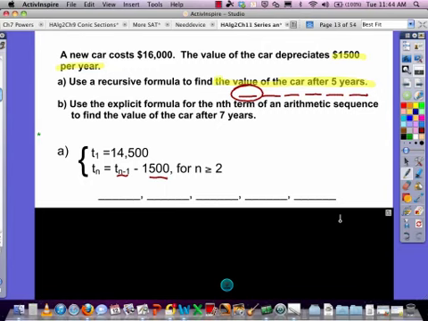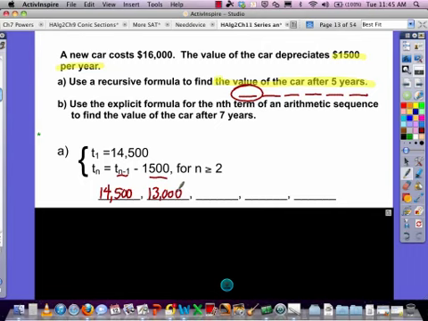Then the part B. Actually, we got to finish part A because it says find the value. So it just doesn't say write an equation. Use a recursive formula. So we're at 14,500 for step 1. After we take away 1,500, we're at 13,000. After we take away 1,500, what's the next step? Take away the 1,500.